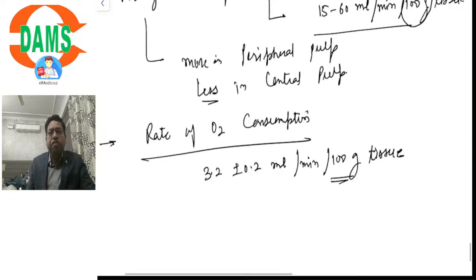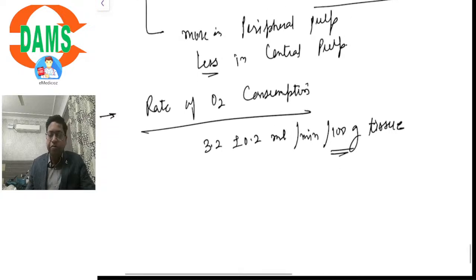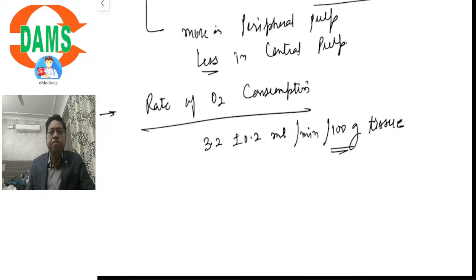I am again stressing that whatever figures I have given, whether for the rate of blood flow or rate of oxygen consumption, are for 100 gram of the tissue. 3.2 plus minus 0.2 ml per minute per 100 gram of the tissue.